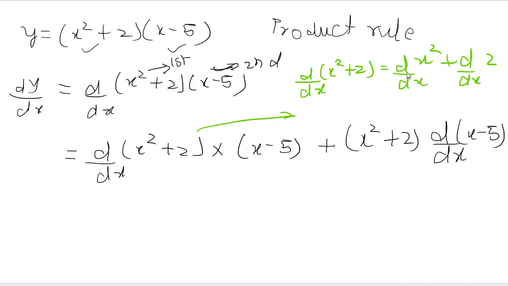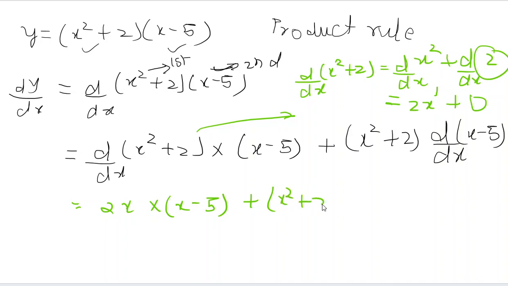Now the derivative of x raised to 2 is nothing but 2x raised to 2 minus 1, which is 2x. And the derivative of 2 on its own without any x is 0. So this answer is 2x. This part x minus 5 is not touched, it is kept as it is. Similarly over here, the first part is not touched. Now we focus on the derivative of x minus 5.